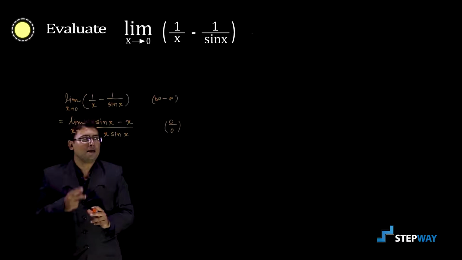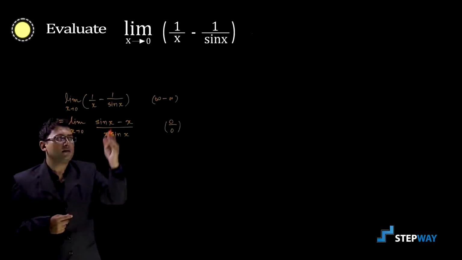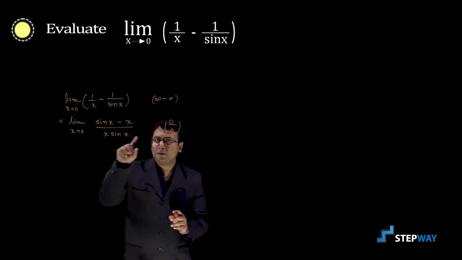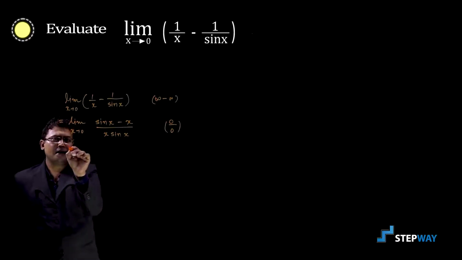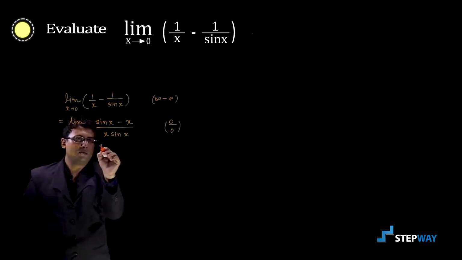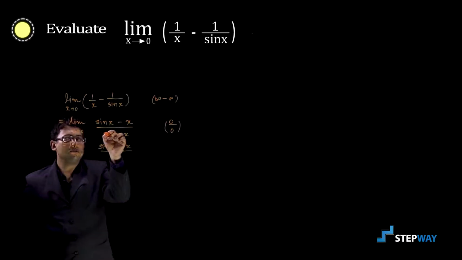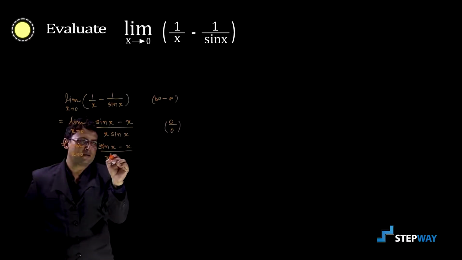So we apply L'Hopital rule, differentiate numerator and denominator. Before that, we simplify this term. We get limit x tends to 0, sin x minus x, divide by, here we multiply by x, we get x square.